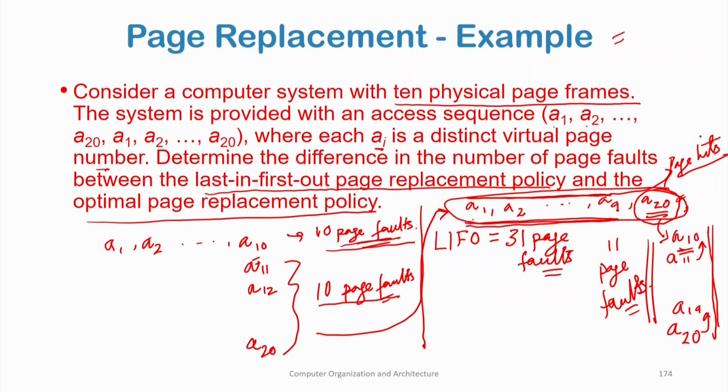So it will go on accessing A10, A11, A12, and keep A20 in the memory, so that when A20 is needed again later, it will be found in the physical memory. The access of A20 will not result in a page fault for the optimal page replacement algorithm, because it has an oracle to know which page will be used in future. Therefore, the optimal policy will incur only 30 page faults.